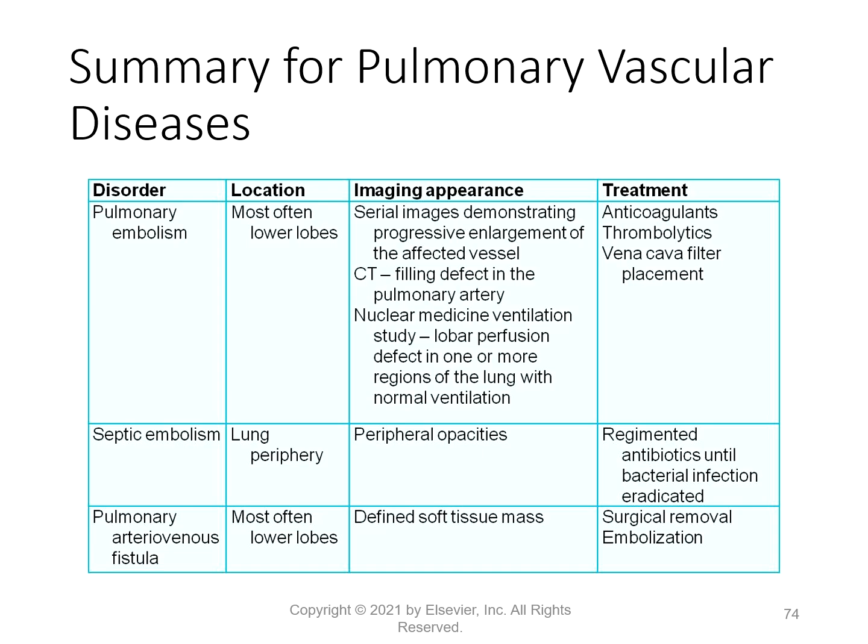And then we have the pulmonary arteriovenous fistula. This is most often in the lower lobes. It's defined by a soft tissue appearing mass where that blood is basically congested into that area. Usually this will have to be surgically removed, or it can be embolized, where basically the blood vessel is cut off so that it's no longer having that abnormal connection.